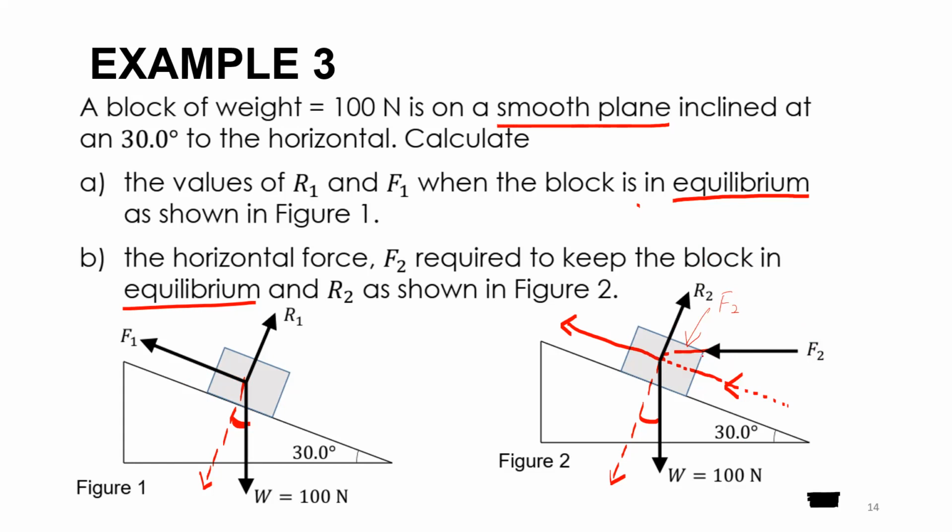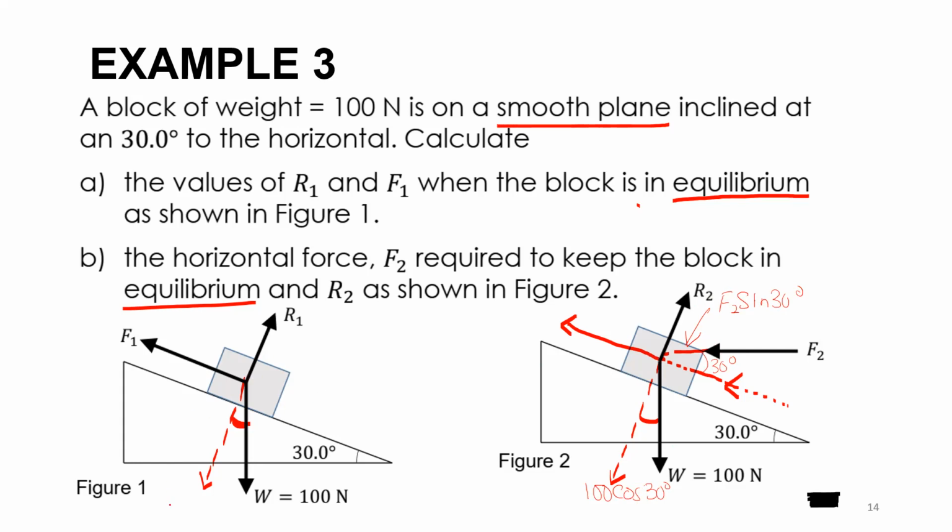So if this is 30 degrees, when I resolve, this will be F2 sine 30 degrees. So my F2 sine 30 degrees plus my mg, which is 100 cos 30 degrees, that will give me the R. So your R will actually be greater.